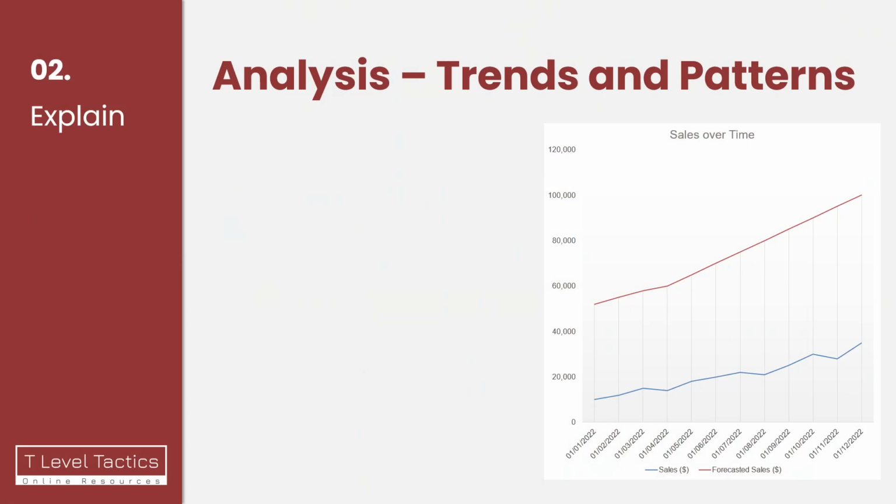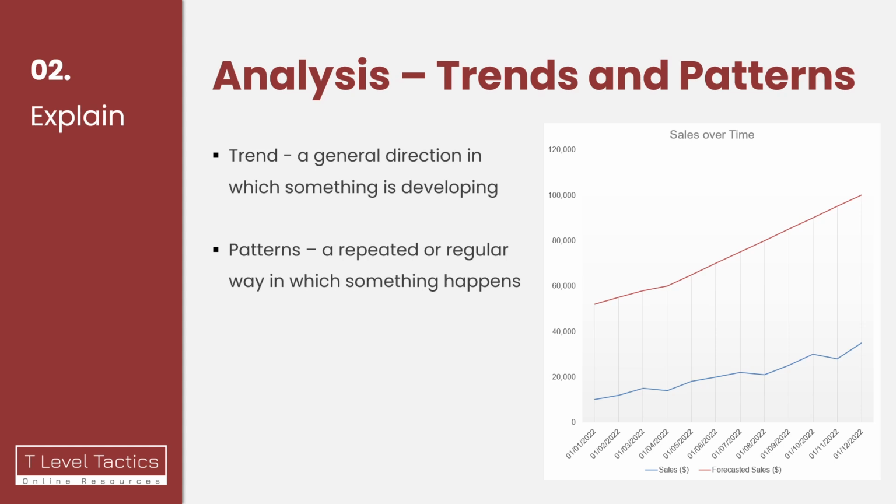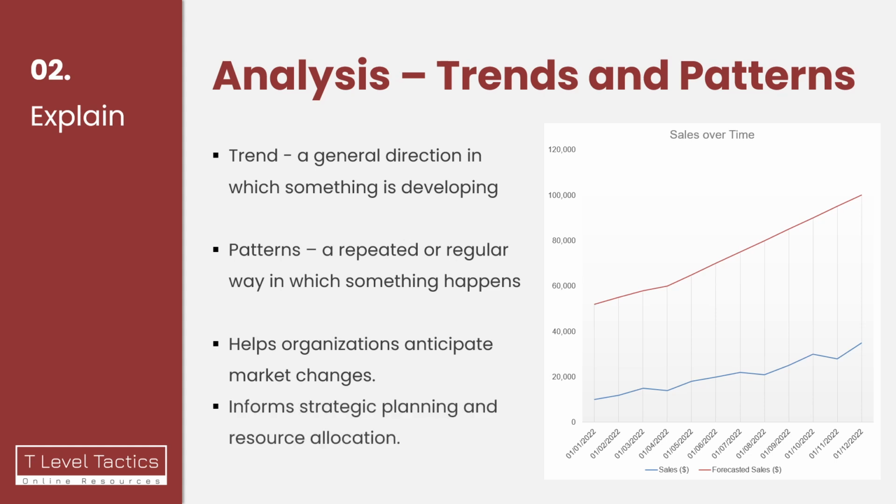When we analyze data, we could identify some different trends and patterns. A trend is a general direction in which something is developing, whereas a pattern is a repeated or regular way in which something happens. This can help organizations anticipate market changes and can inform strategic planning and resource allocation.